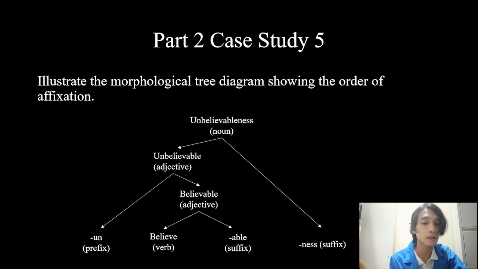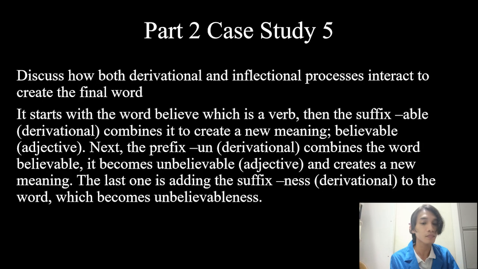Illustrate the morphological tree diagram showing the order of affixation from unbelievableness. We separate it: unbelievable is an adjective, with un as a prefix, then believable, an adjective, is from belief, a verb, combined with the able suffix, and the last one is the ness suffix, then it becomes unbelievableness.